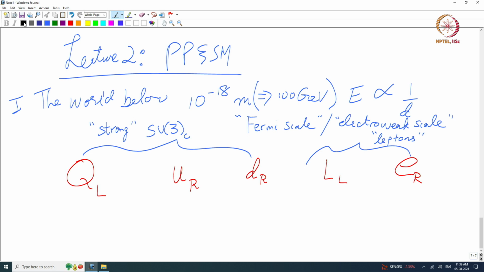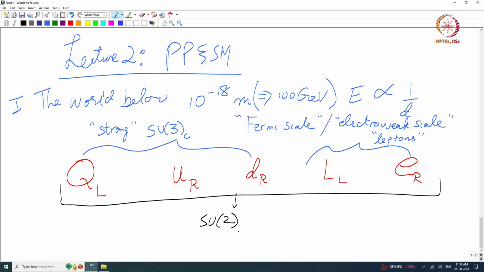But more importantly, they all transform under yet another symmetry group in some way or the other, and that group is an SU2. Again, we will see what this means. The W stands for weak, and a U1 group, an abelian group, the Y stands for hypercharge.